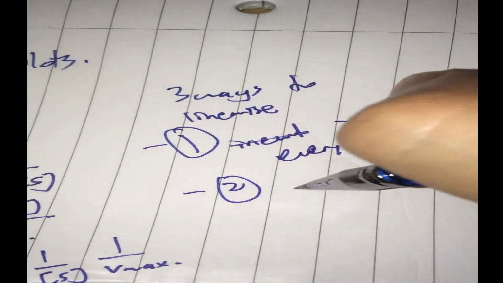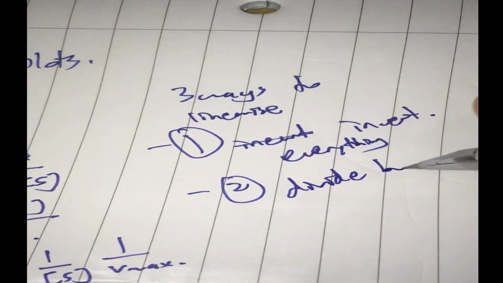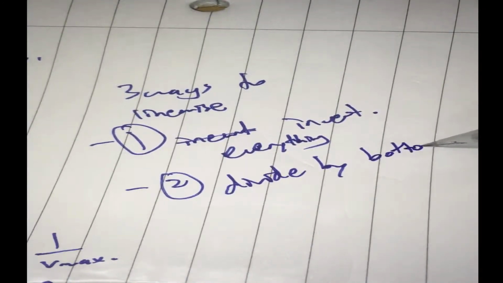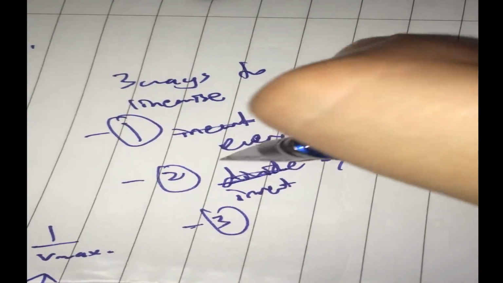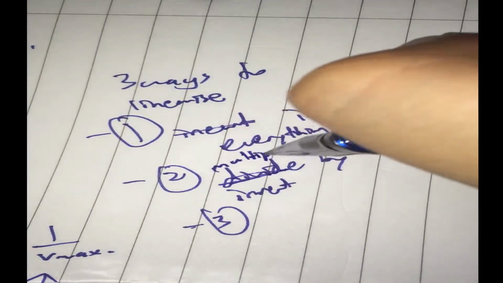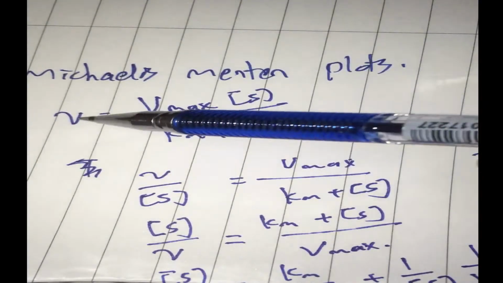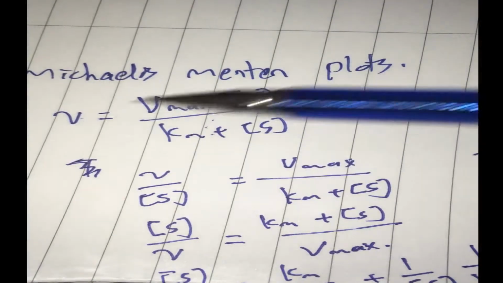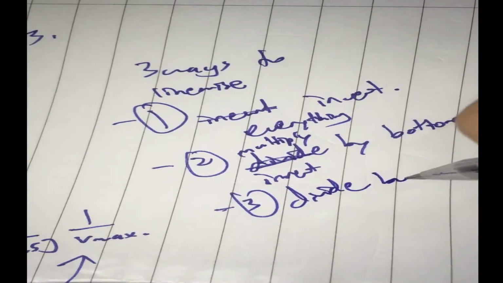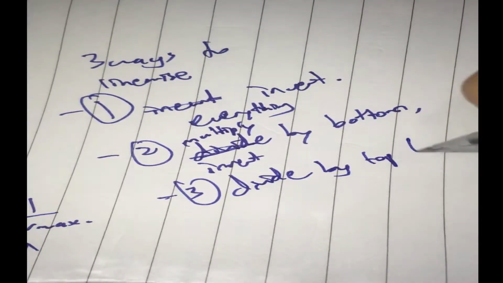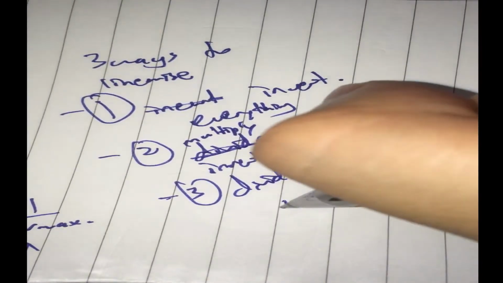Second, divide by the bottom, and invert. And third, you multiply the bottom and invert it. And the other way is to divide by S, divide by the top, and invert.